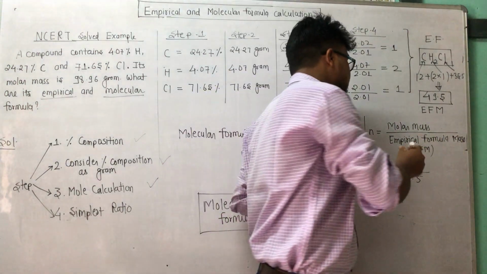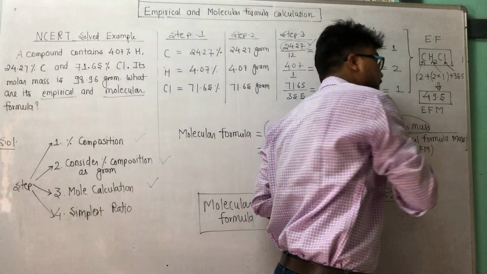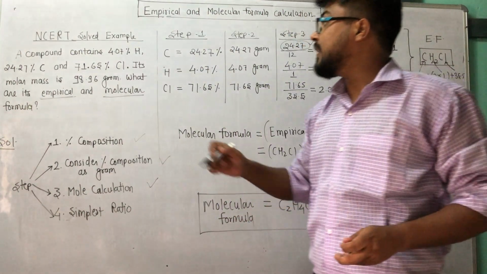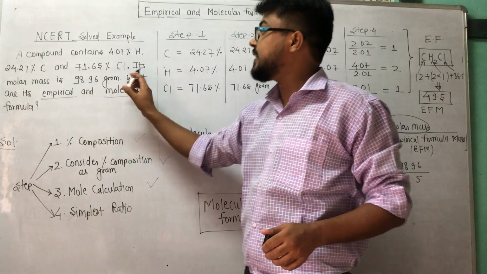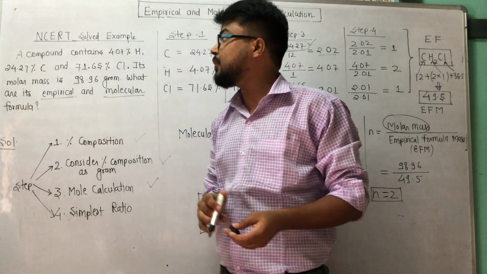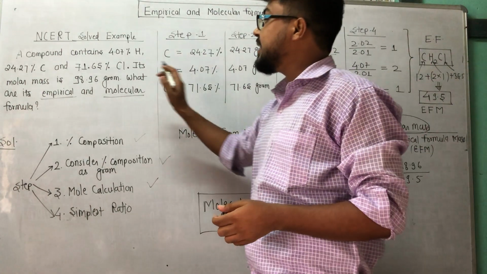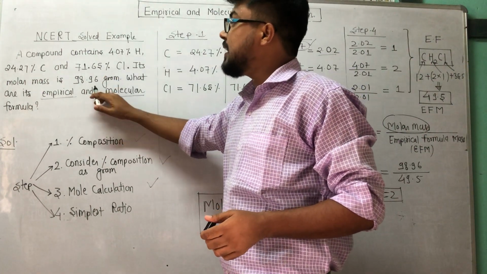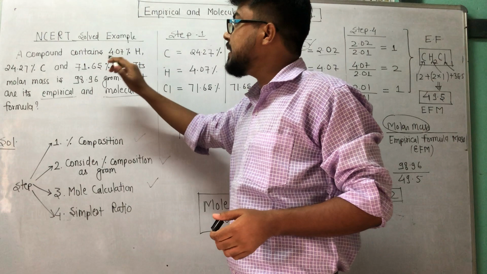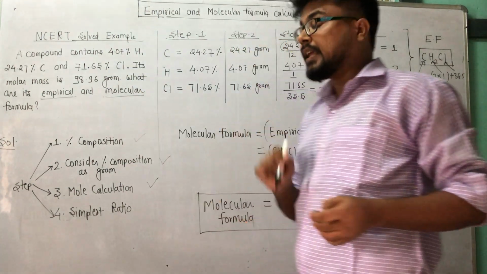And remember students, the molar mass is already given in your solved example, that is 98.96. 98.96 means what? It is the molar mass of that organic compound.